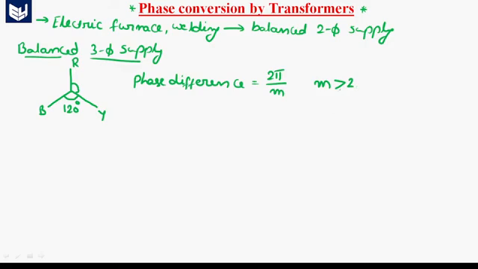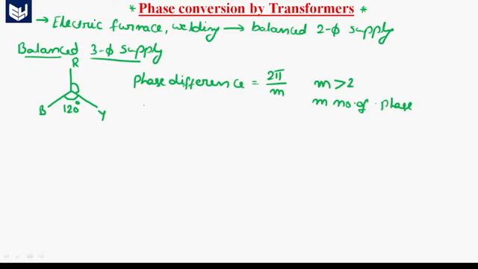Even it is not equal to two phases, greater than two phases. So where m represents number of phases, like 3 phases, 4 phases, 6 phases, like that. Okay, so this formula is not valid for two phase, and even it is not valid for single phase supply also. Okay, so why it is not valid?